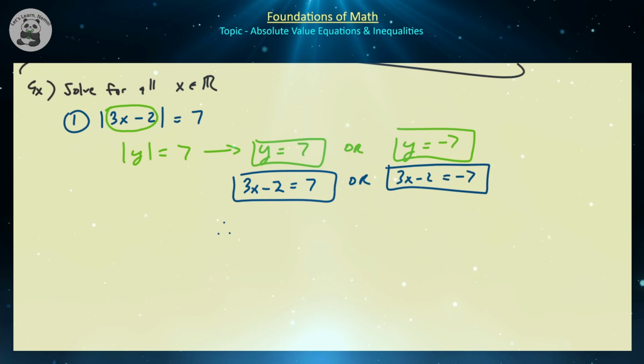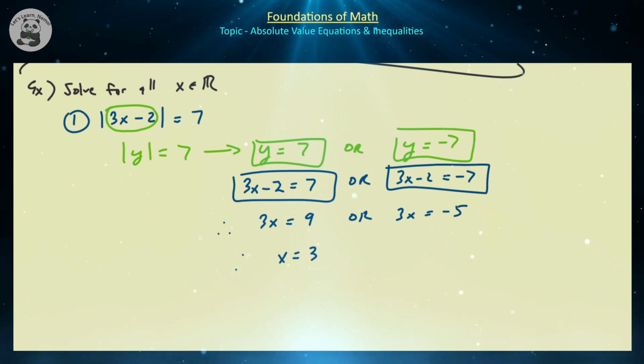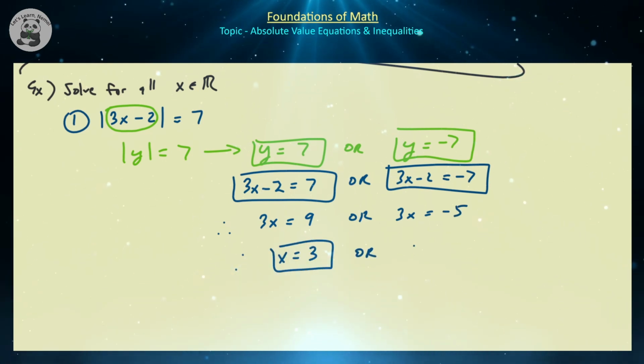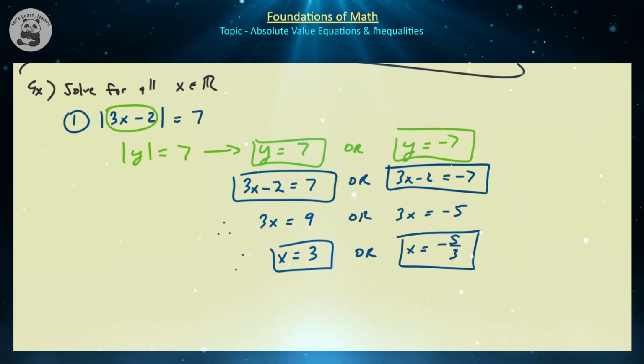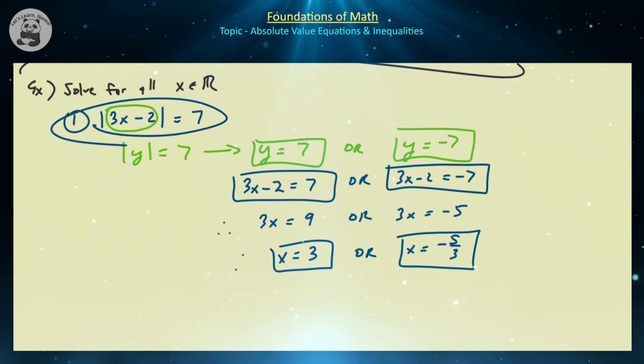So we're going to add 2 to both sides for both, so we're going to have 3x is equal to 9, or 3x is equal to minus 5, which means that x is equal to 3, or x is equal to minus 5/3. So those are our two solutions for this particular absolute value equation that we started with.